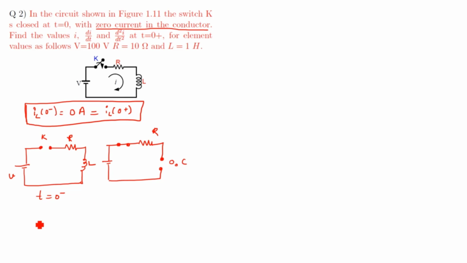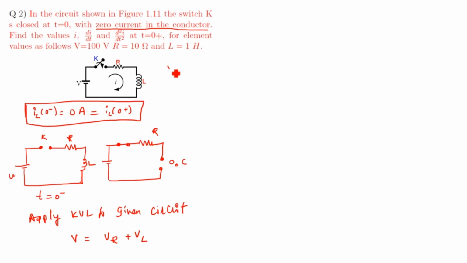Alright. Now apply KVL to the given circuit. So what is that? Voltage V equals voltage across resistor plus voltage across inductor.